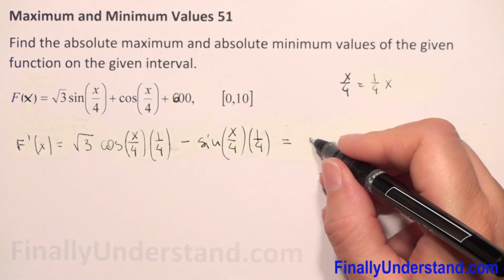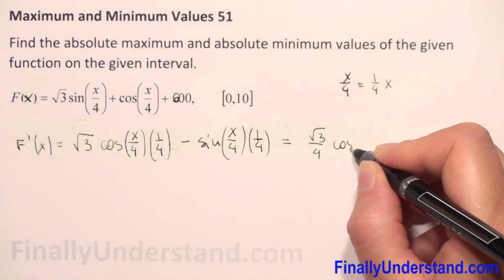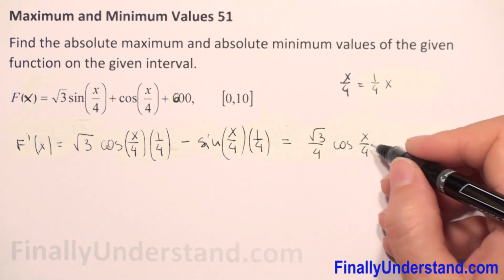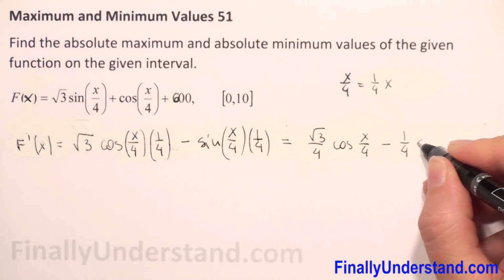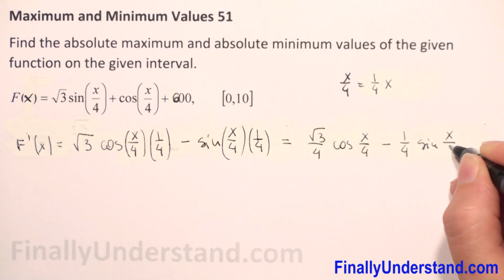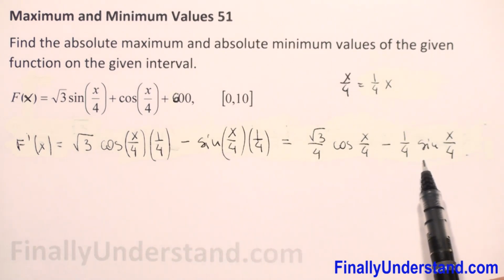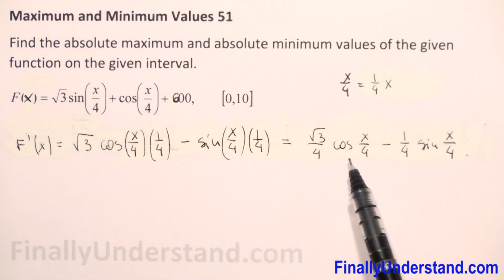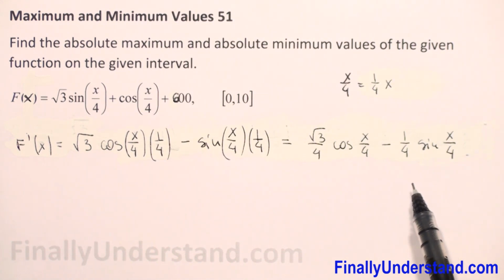So this is equal to square root of 3 over 4 cosine x over 4 minus 1 over 4 sine x over 4. Because the domain of our derivative is all real numbers, since the domain of cosine and sine is all real numbers, we don't have critical points where the derivative does not exist.